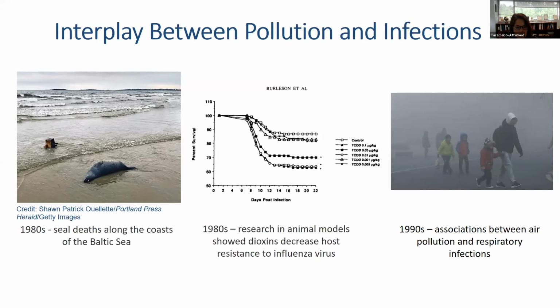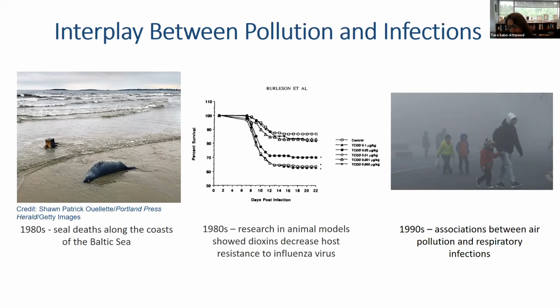The second is that these species tend to bioaccumulate toxins due to them being higher order predators in the food chain, and they have high adipose tissue where chemicals can accumulate. So people started thinking about this connection between the ability of pollutants to make seals, in this case, more susceptible to viral infections. And there's been a lot of focus trying to understand how that might work in that space.